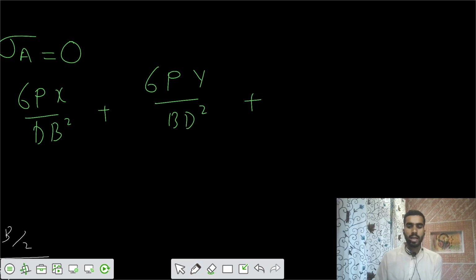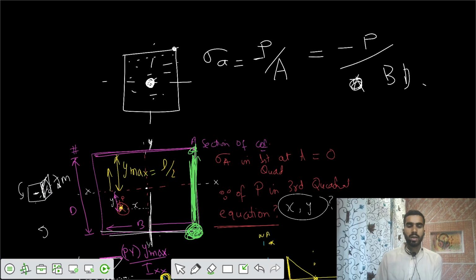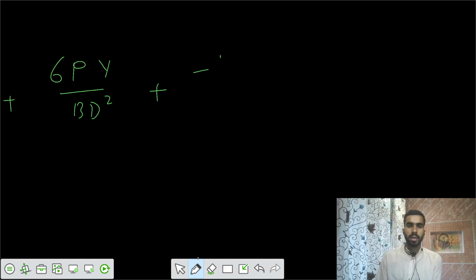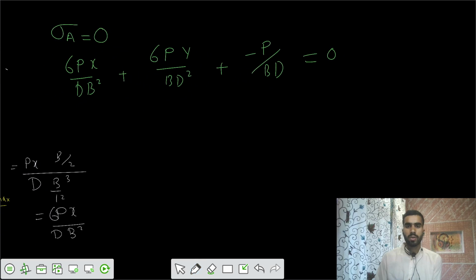These two are tensile. And the axial stress is minus P by b d. The net of these three should be equal to 0.